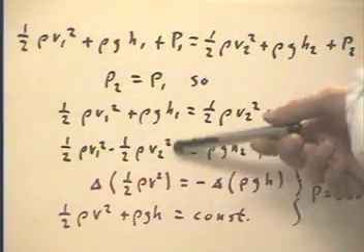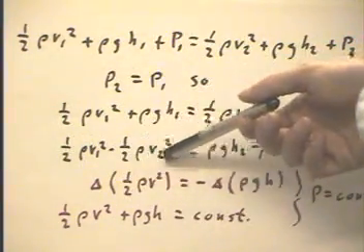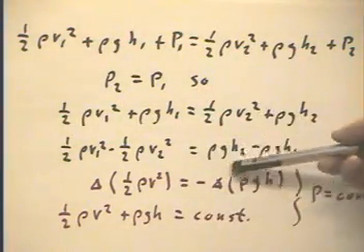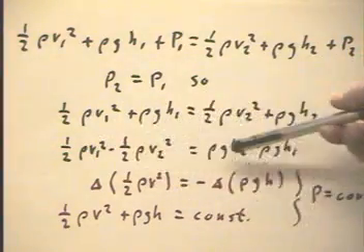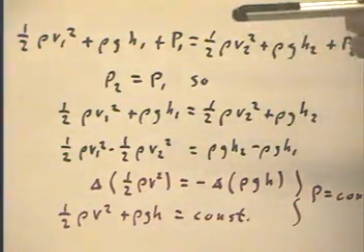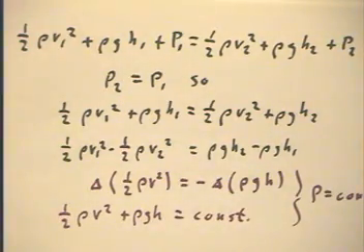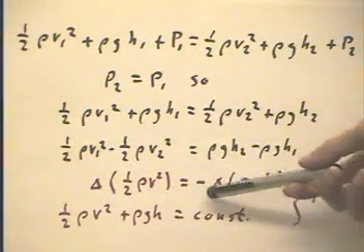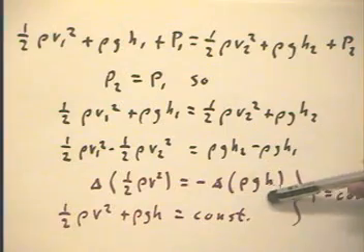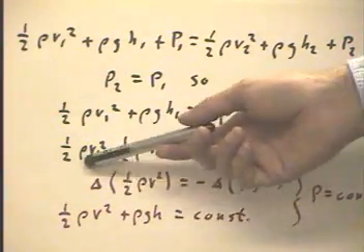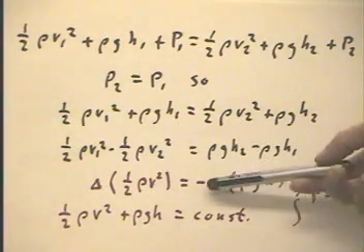If we bring the kinetic energy terms, the 1/2 rho V squared terms, over onto one side, and the potential energy terms, rho GH, on the other, what we're seeing is an exact analogy to what we did in the preceding class, where we compared potential and kinetic energies. We see that the change in the 1/2 rho V squared is equal to the negative of the change in rho GH. You see, we're subtracting state 2 from state 1 here and state 1 from state 2 here, hence the negative.